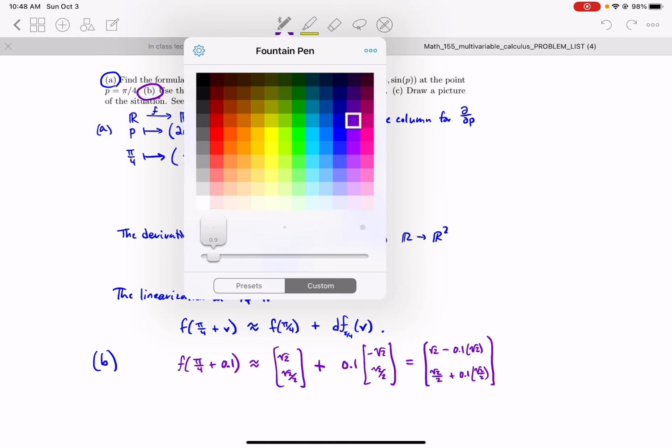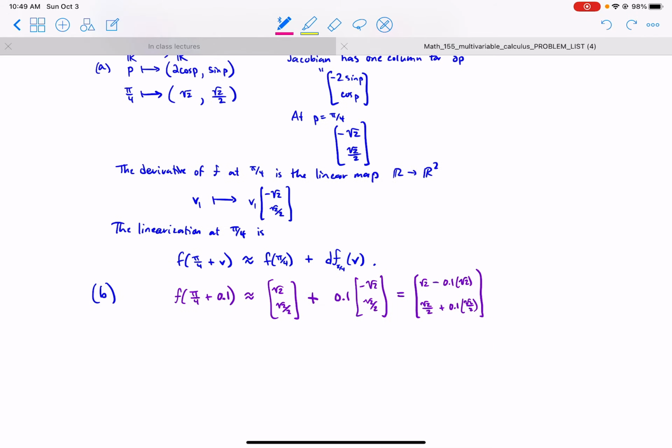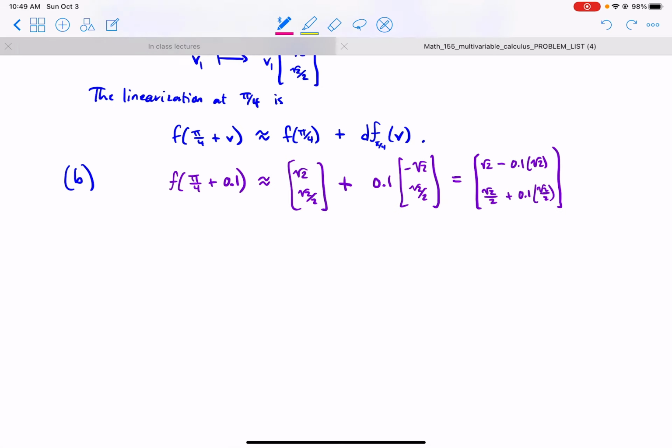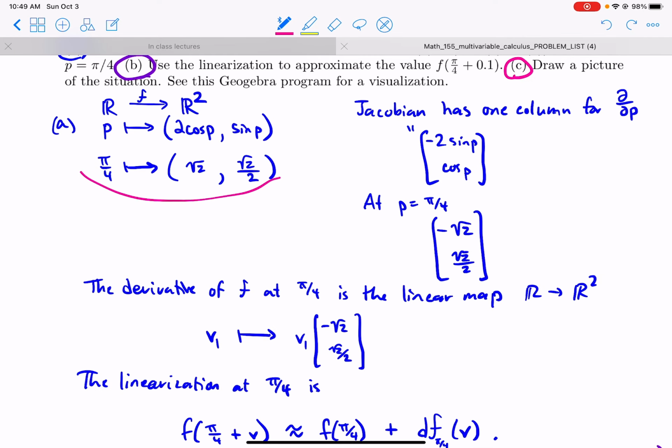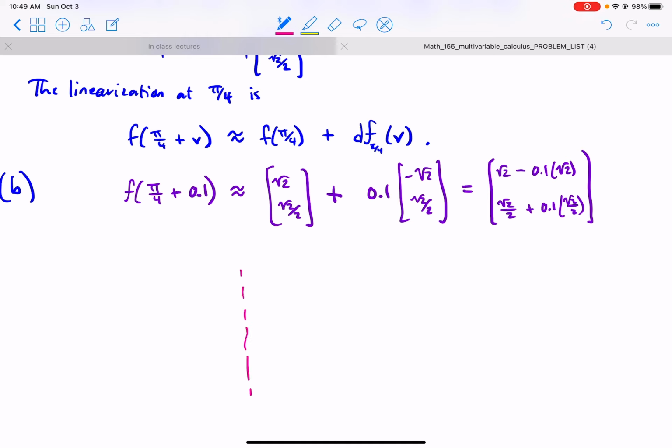Now part C, draw a picture of the situation. And then if you want, you can go to our Canvas website and click on the GeoGebra program to visualize this. But what we have here is a parameterization of an ellipse as the image of this map inside of the output space. And that ellipse will look something like this.